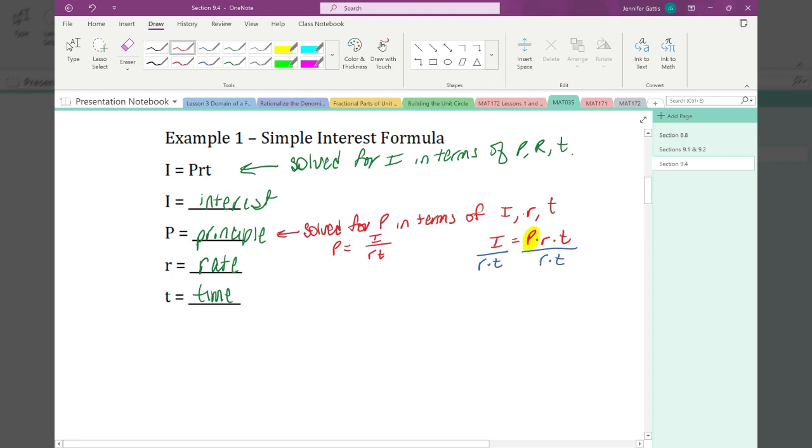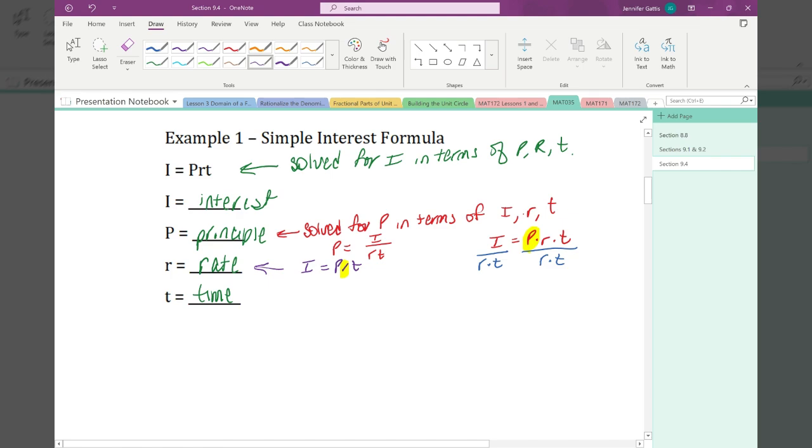And likewise, we can solve for the rate. So the rate, again, we start out with I is equal to PRT. And this time, we want the rate to be all by itself.